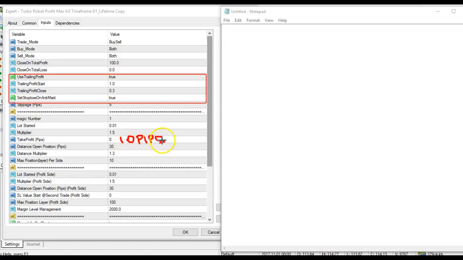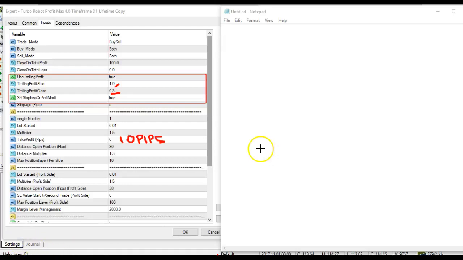It will close the trade with take profit of 10 pips. Whereas trailing profit is better. You know why? Because you lock the profit at a dollar value, and the moment it reaches that value, you lock that profit, and then you wait to see if the market will reverse, and it will close based on the settings that you add in.